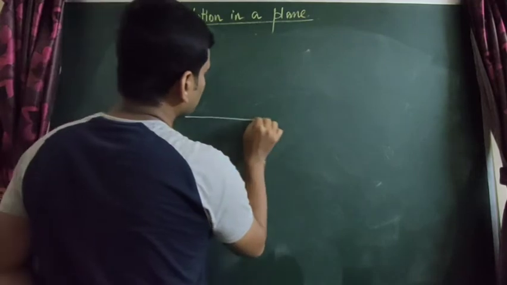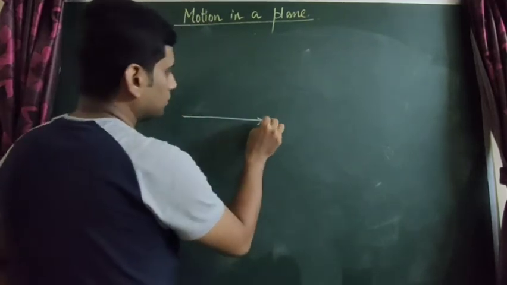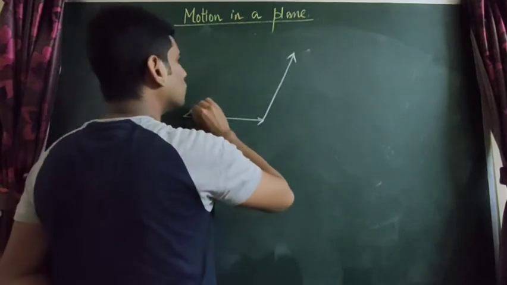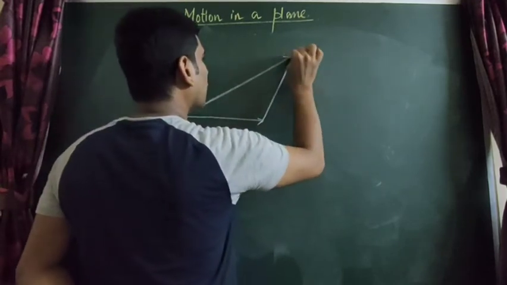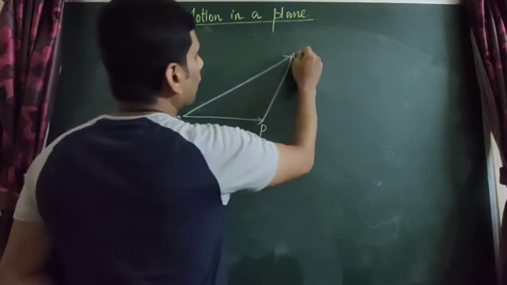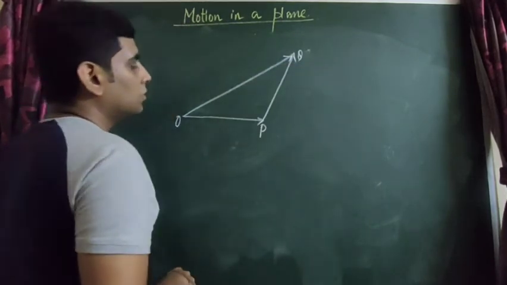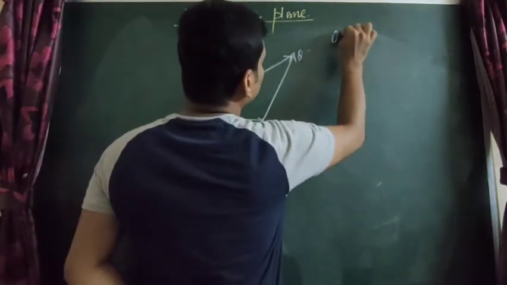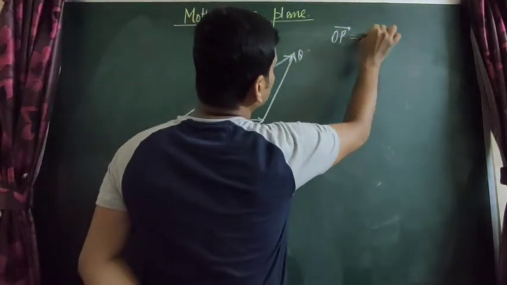For this, I have taken a vector here, another vector here, and another vector here. Suppose this is O, this is P, and this is Q. So this is a vector A, so the vector OP is the A vector.